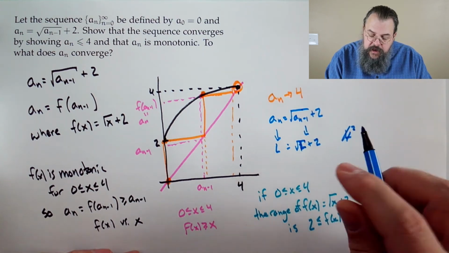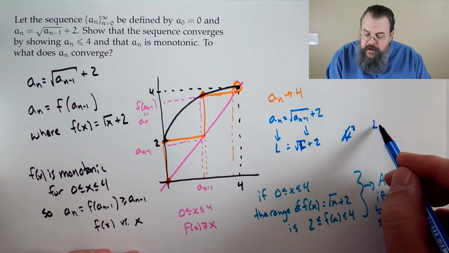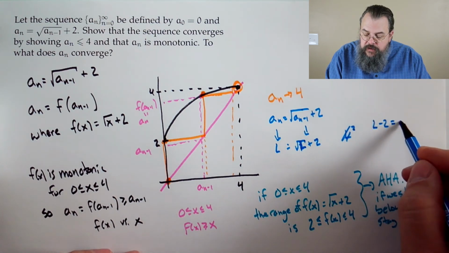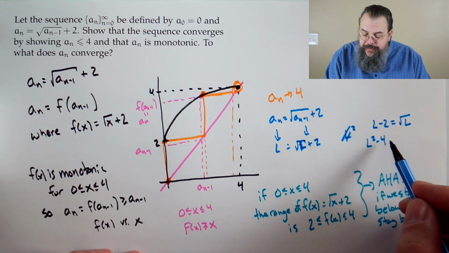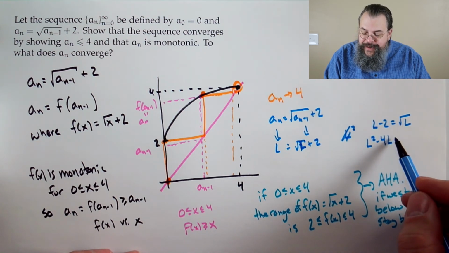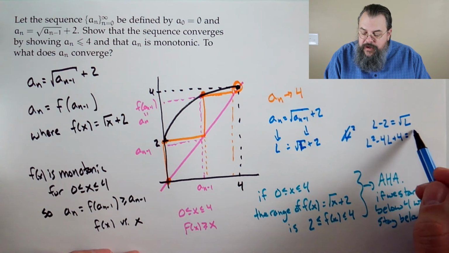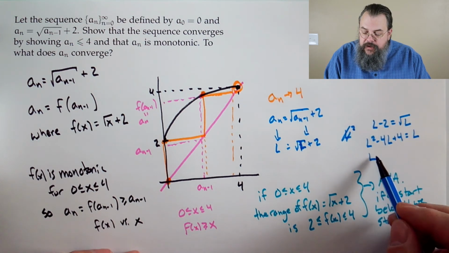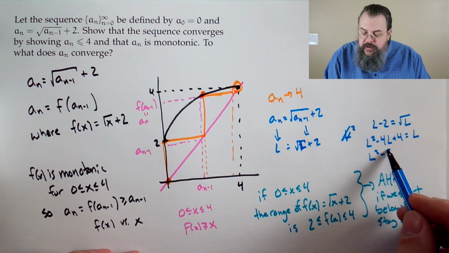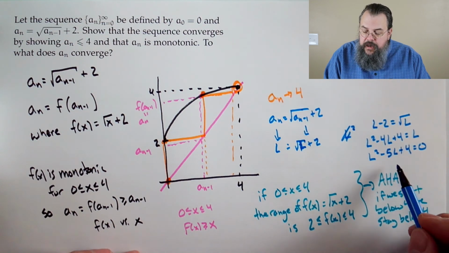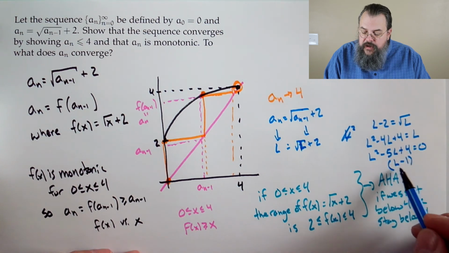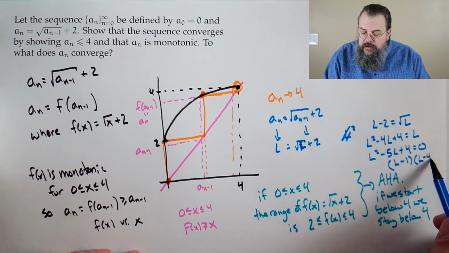Not square both sides yet. Move the 2 across: L minus 2 equals square root of L. Square both sides now: L squared minus 4L plus 4 equals L. Then we get L squared minus 5L plus 4 equals 0. And we come up with the conclusion that L is either 1 or 4.